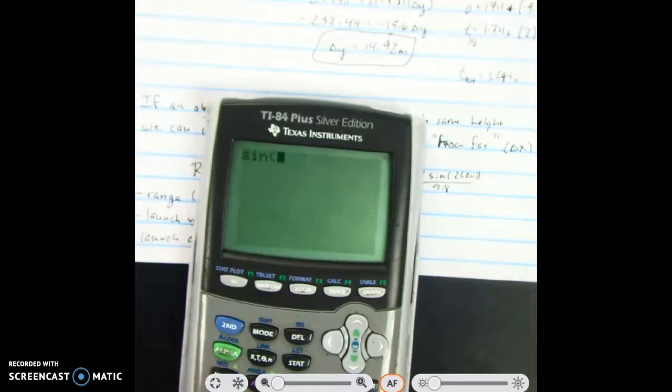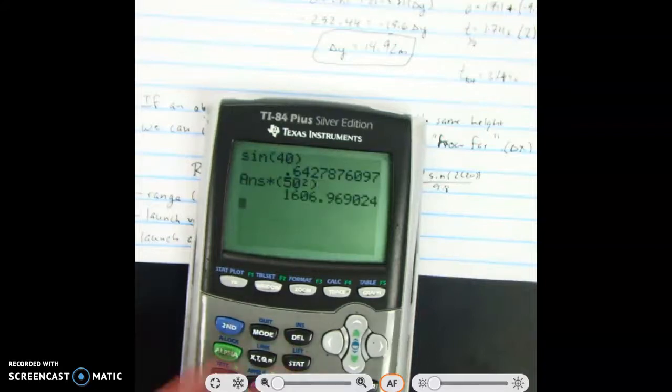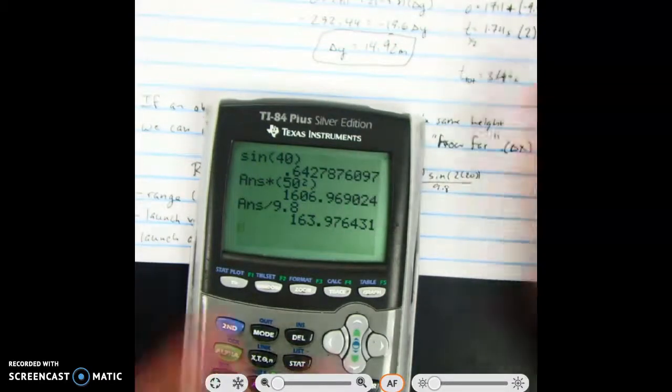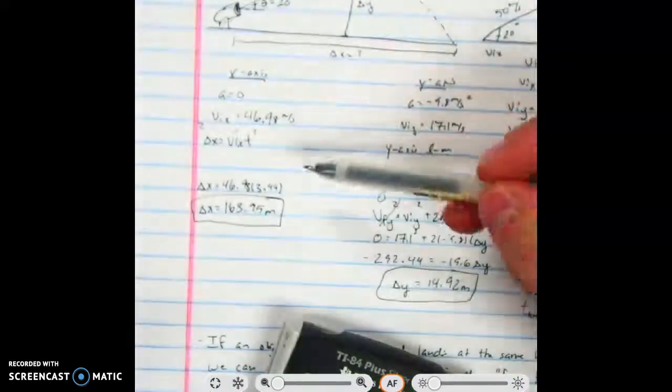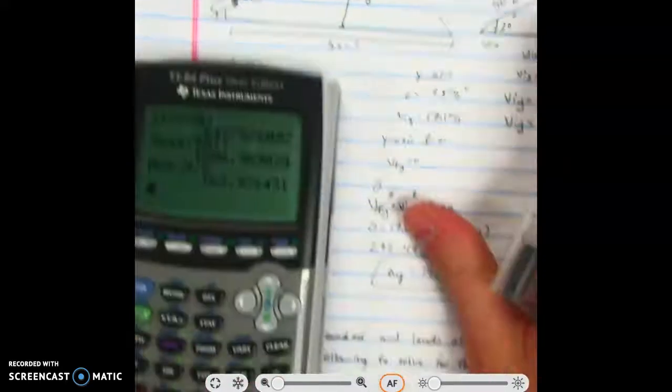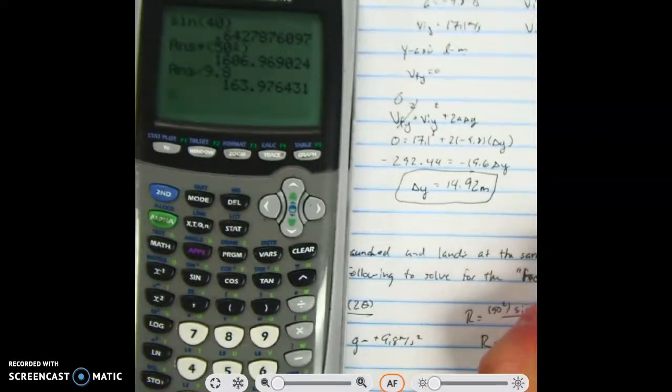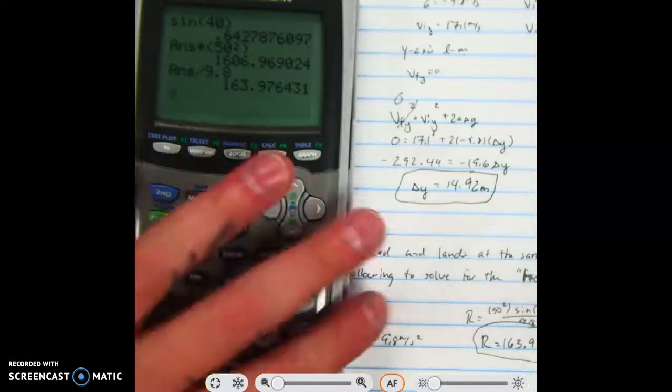Sine of 40, times 50 squared, divided by 9.8. Hey, look at that, 163.97, and up here I said 163.95. Oh, buddy, that is what you call a layup slam dunk. Nailed it. It's a small difference because it's 9.76 if I use 9.8.